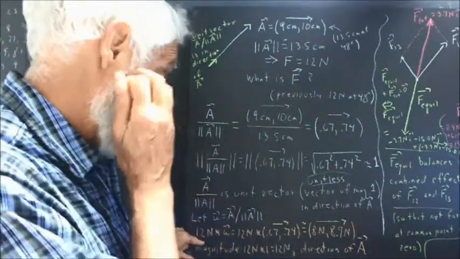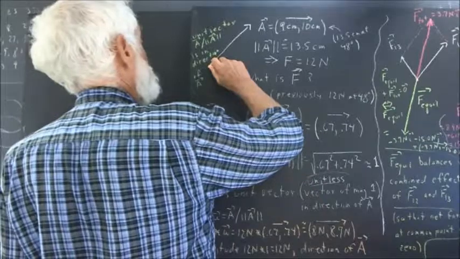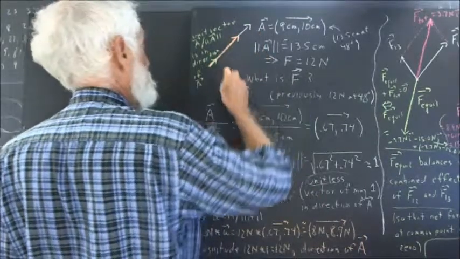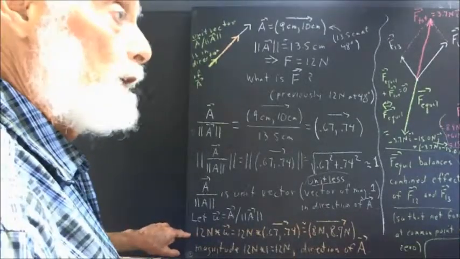So in this case, I'm going to draw my 12 newton vector. It's in the same direction as A. And of course, this is our force vector.